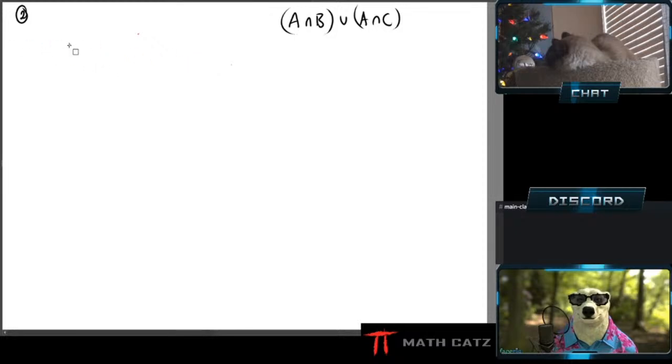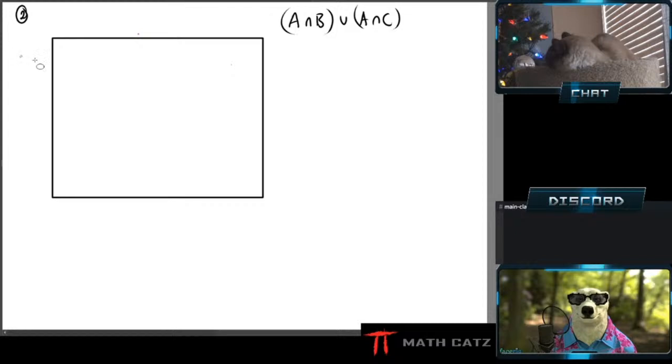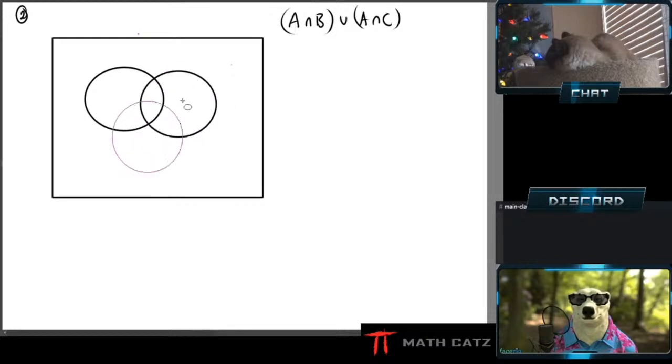Well, let's just set this up again. Big general position for 3 sets. Like so. Let's call that one A, that one B, and that one C. And of course, the rectangle, as a reminder, contains everything.